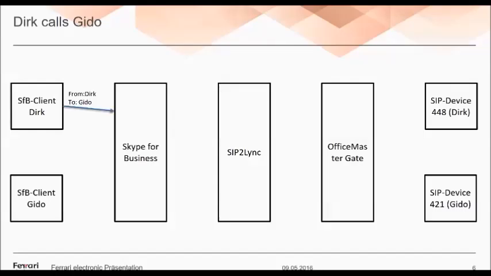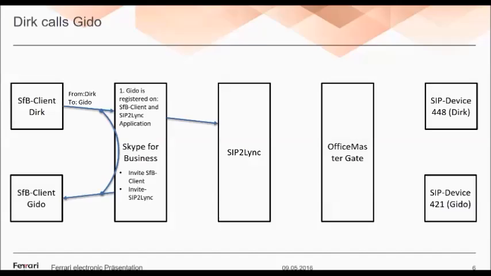What I did is I have my Skype for Business client, and this Skype for Business client is calling Guido. This will escalate to the Skype for Business server, and the Skype for Business server realizes, oh, okay, Guido is registered on the application. This application is SIP2LYNC.